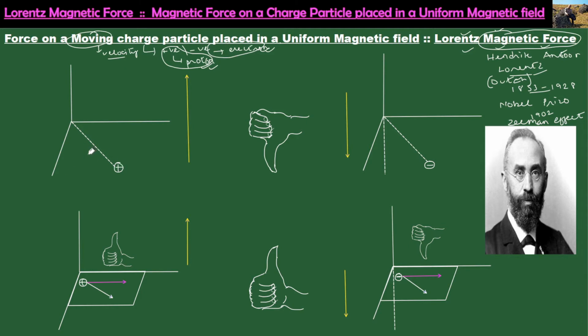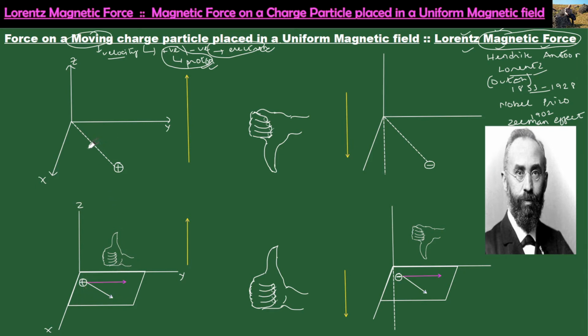So let us constitute Cartesian coordinates, choosing the x, y, and z axes. These are the directions of the axes, and I have this positively charged particle placed in the xy plane.